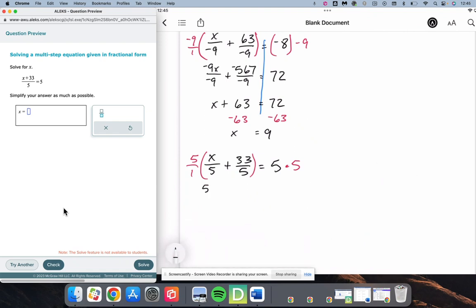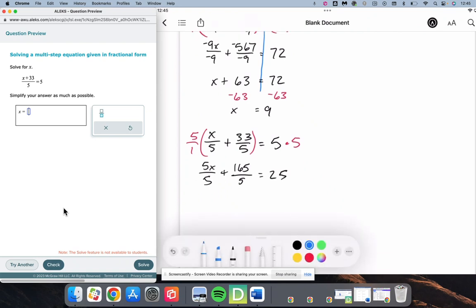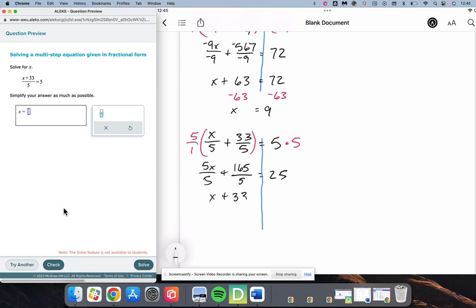And what we've got is 5x over 5 plus 5 times 33 is 165 over 5. And 5 times 5 is 25. So 5x divided by 5 is going to leave me with just 1x. 165 divided by 5 is going to be 33 is equal to 25. We see that we have adding 33 on the left, we need to subtract 33 from both sides. We get x is equal to negative 8.